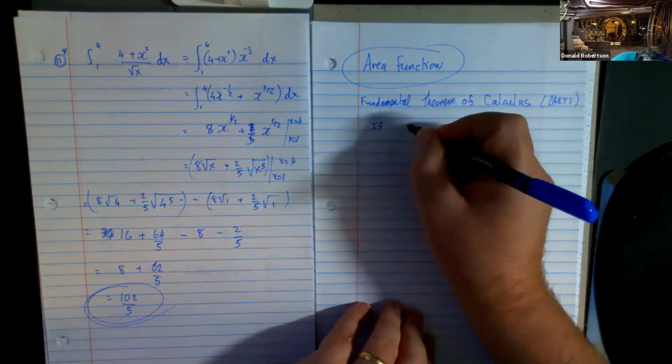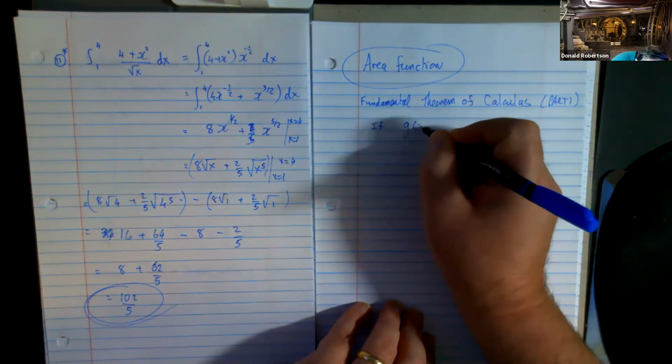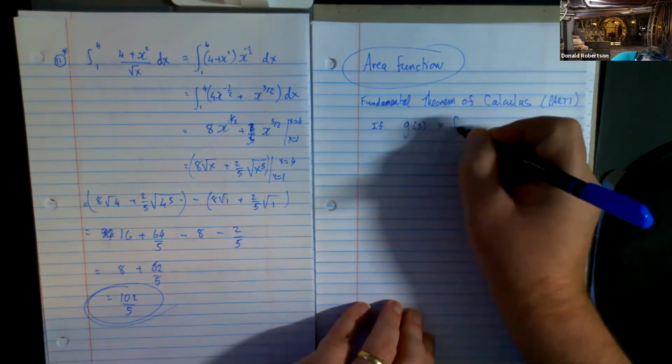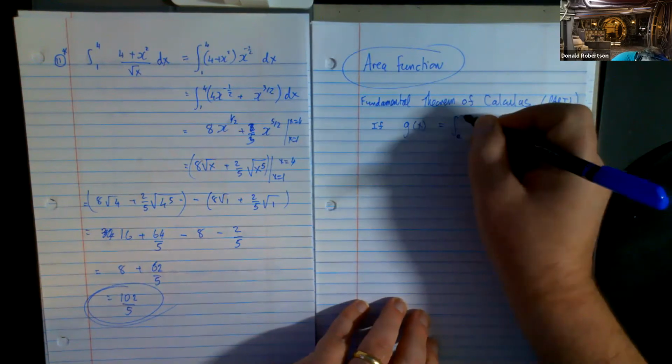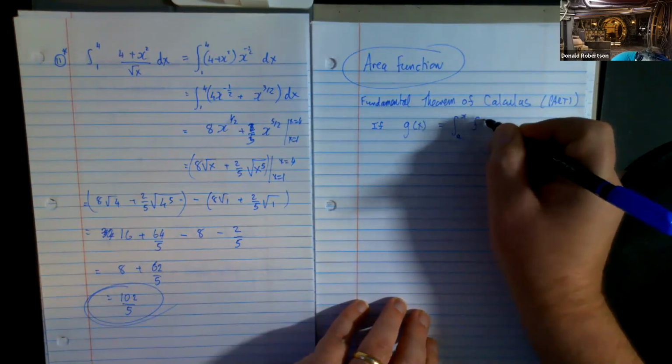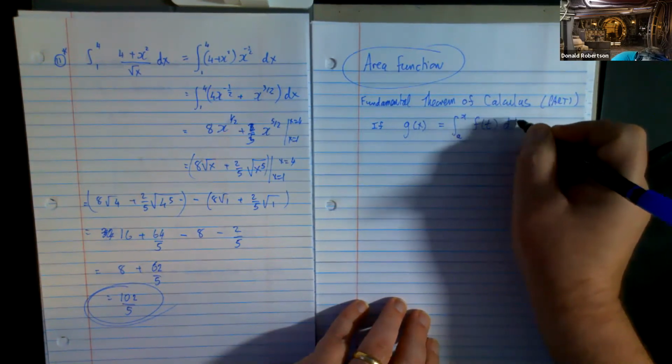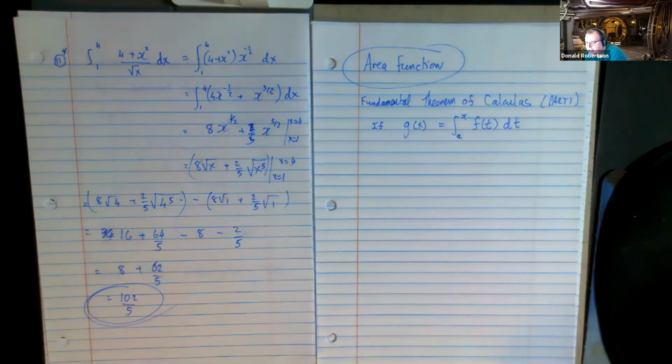If you have an area function g of x, which is the integral from, it doesn't need to be 0 but very often it is, so we just call it a, to x, of some function called f of t dt, so there's your general area function.